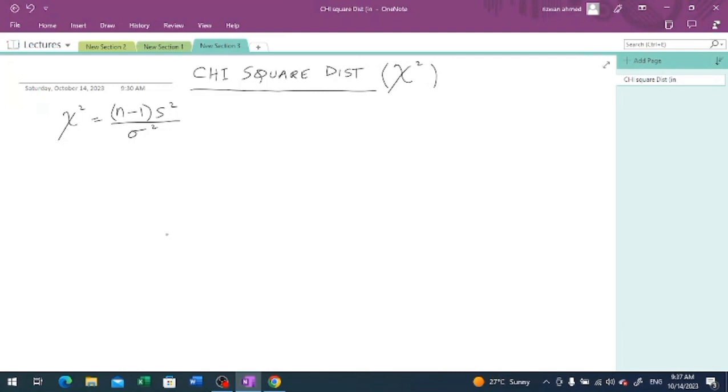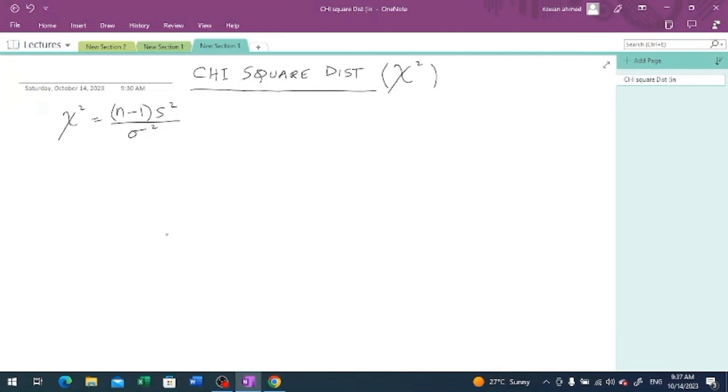Variances can never be negative, whether it is a sample variance or a population variance. So in this formula, S square and sigma square, representing sample variance and population variance respectively, cannot give us a negative answer.